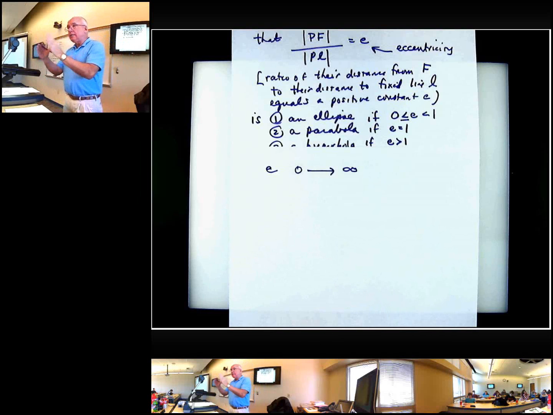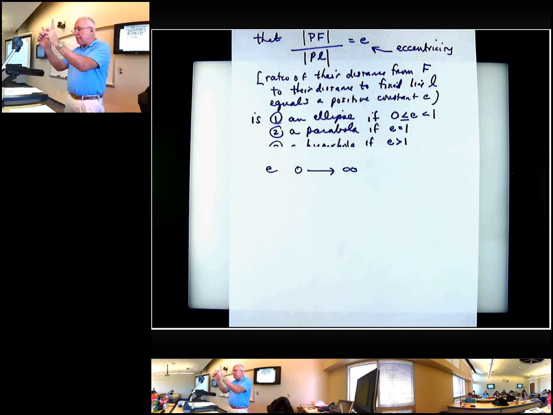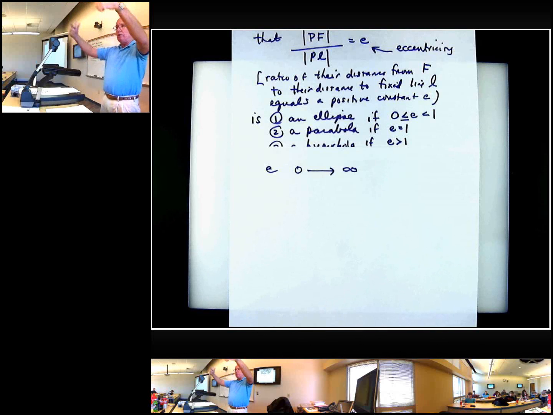Then as e moves away from that, it becomes this ellipse. When e equals 1, that ellipse breaks apart, so to speak, and it becomes a parabola. And then when e is bigger than 1, the parabola breaks up to become 2 parts, a hyperbola.